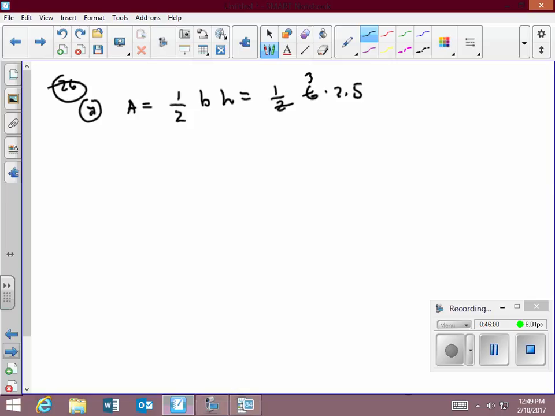So this is 3 times that. Then I multiply, right. Area is 7.5 centimeters squared. And then it says perimeter. It's just going to be the sum of the 3 plus 5 plus 6. 14 centimeters.